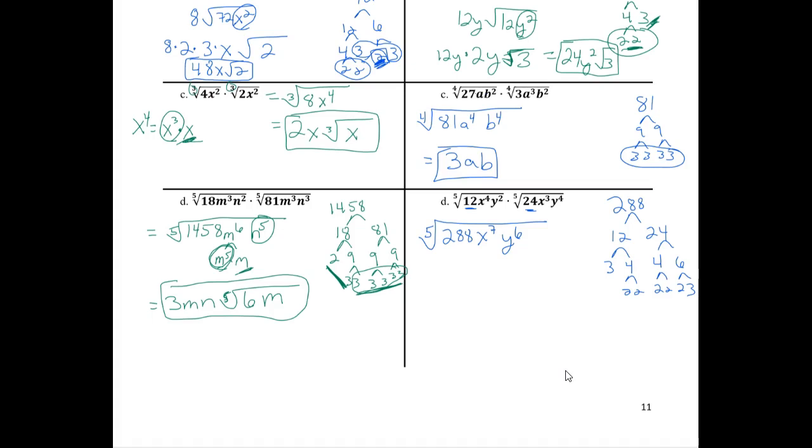I'm looking for a fifth root, the fifth root of 288. So I need multiples of 5, or 5 of the same factor being multiplied together. 2 times 2 times 2 times 2 times 2 is 2 to the fifth power. I have 5 2's there. I can take the fifth root of 2 to the fifth and get 2.